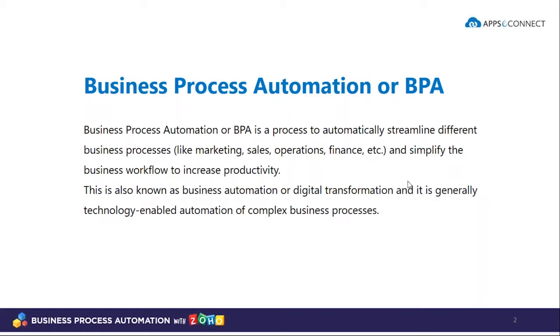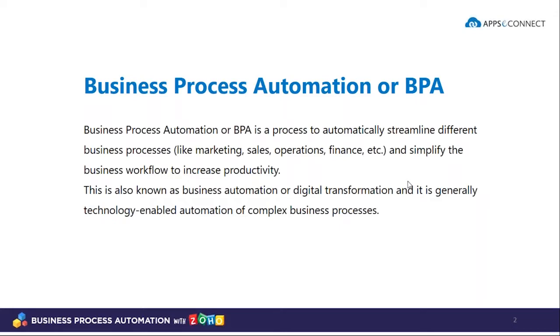Business process automation is the process which is automatically streamlined for various business processes like marketing, sales, operations, finance, etc. When these business processes are very complex in nature, we try to automate them, right?